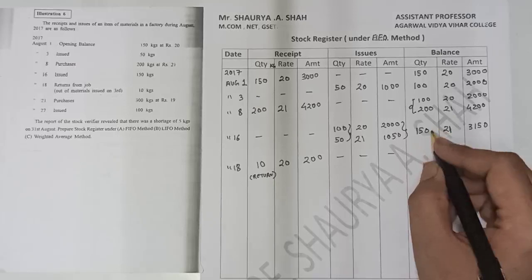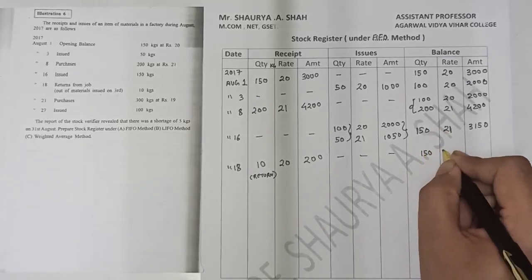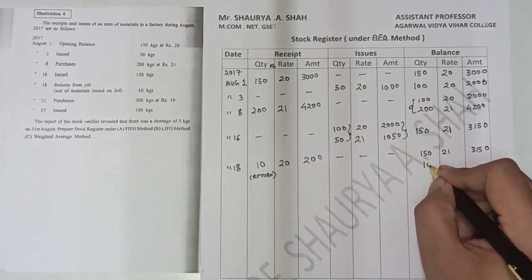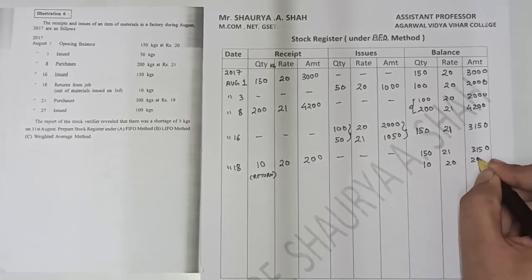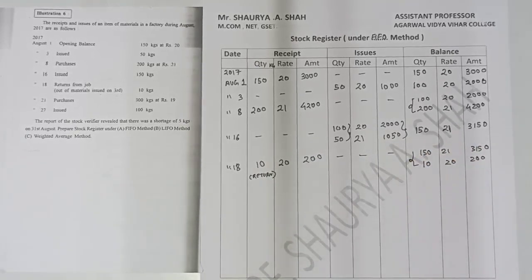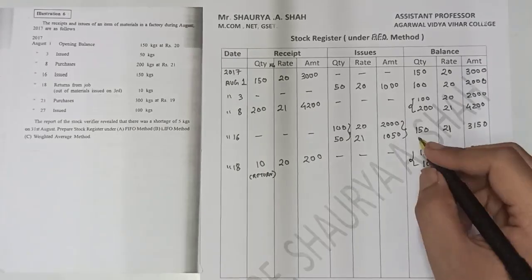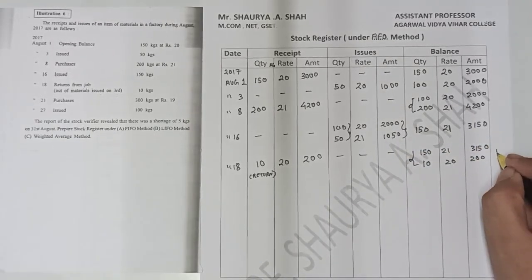So here we are already having 150 into 21, 3150. Then we will write down 10 into 20, that is 200, and put a curly bracket here, right? So 150, 10, that is 20. So in all I am having how much, students? In all I am having 160 quantity, right?